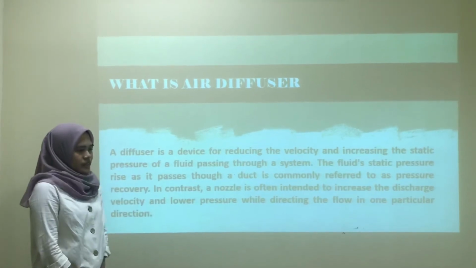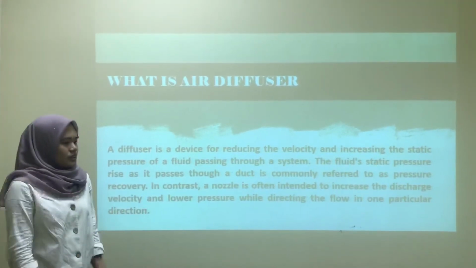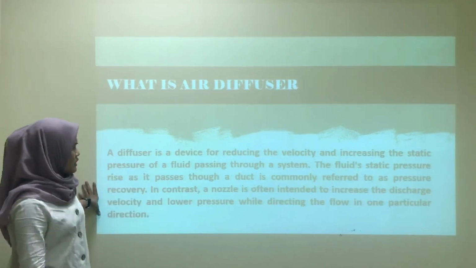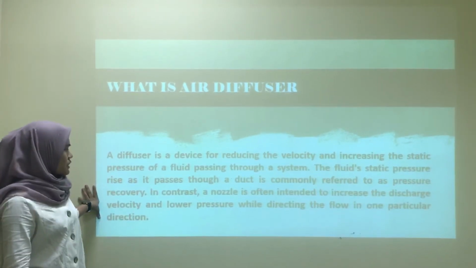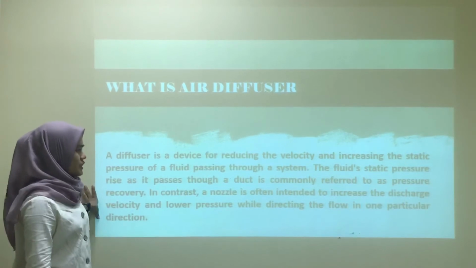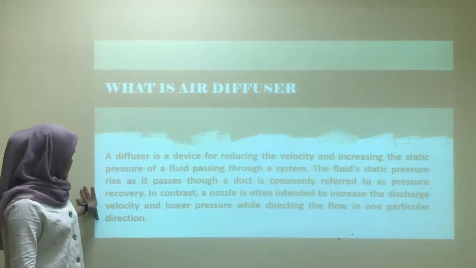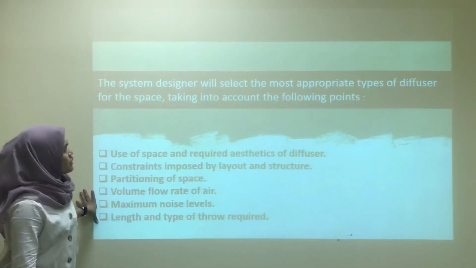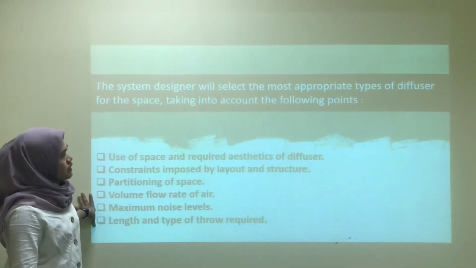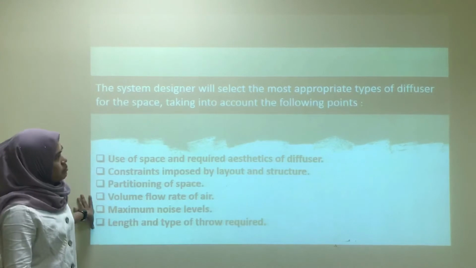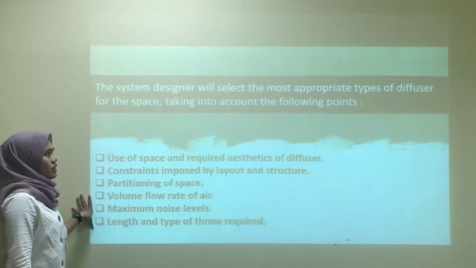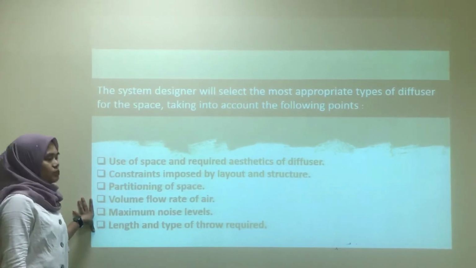In contrast, a nozzle is often intended to increase the discharge velocity and lower pressure while directing the flow in one particular direction. The system designer will select the most appropriate type of diffuser for the space, taking into account the following points.